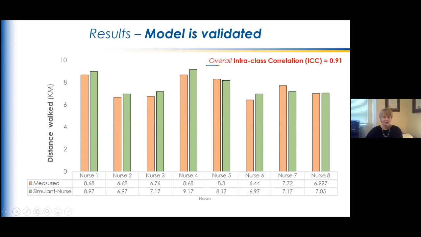The simulant nurse was assigned to the same geographical bed location as the actual nurse to create consistency between real world and modeling conditions. And as you can see on the slide, the overall intraclass correlation coefficient was 0.91.